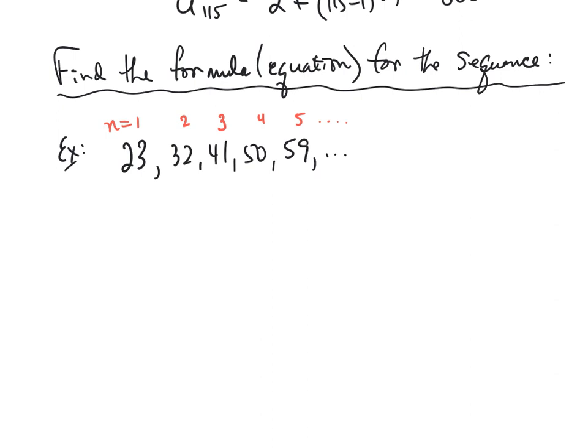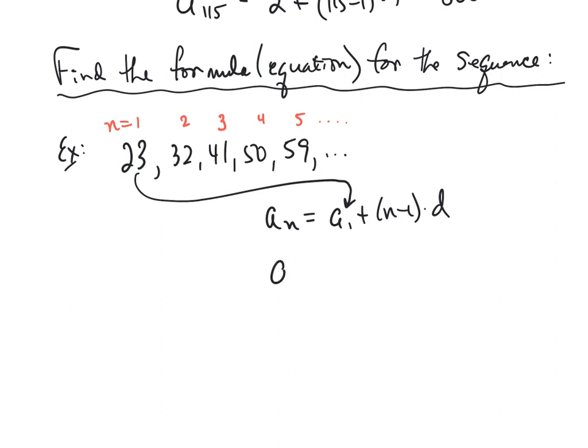Watch what happens if I begin with our formula for the terms of an arithmetic sequence, and watch what happens if I just simply replace a sub 1. If I replace a sub 1 with what it's equal to, a sub 1 is equal to 23.